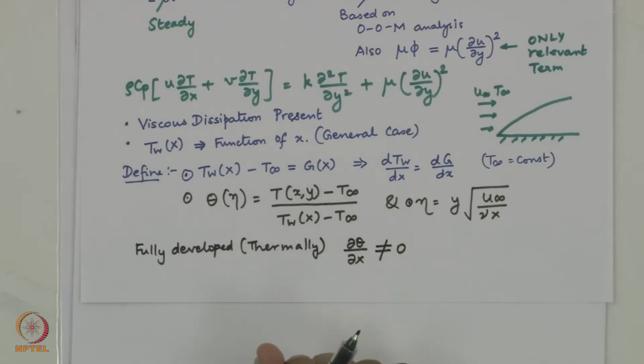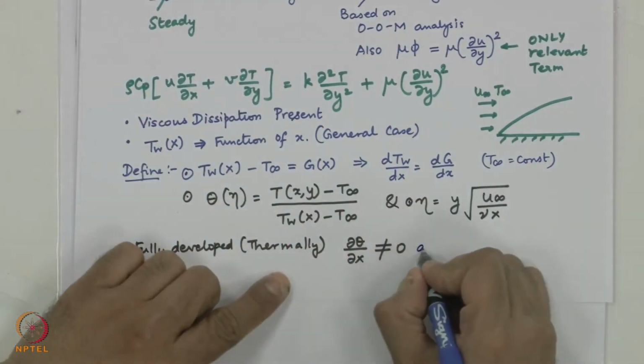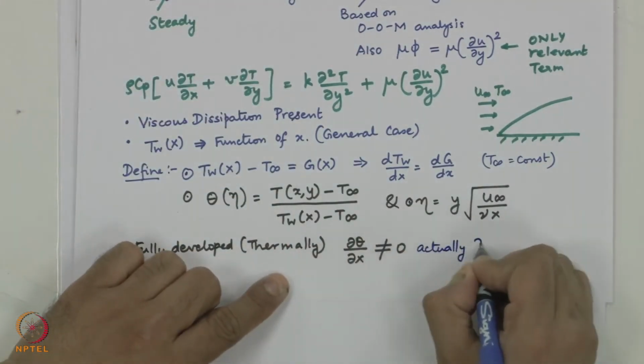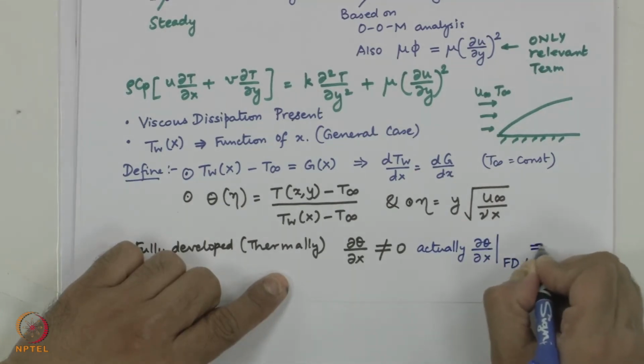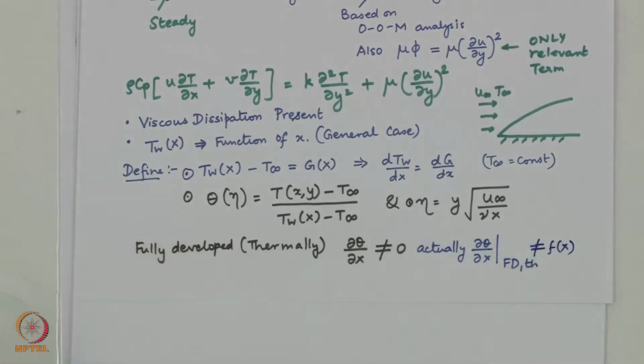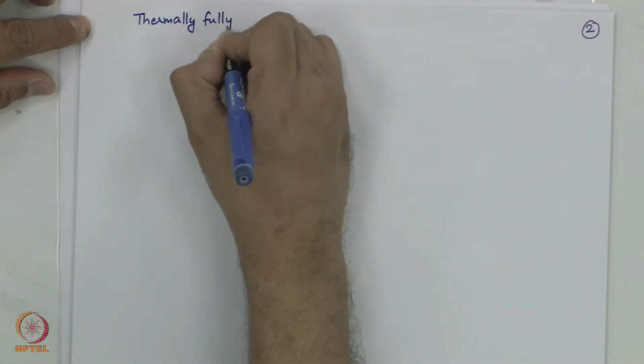Unlike the hydrodynamics part where du by dx was equal to 0, here we are going to say that thermally fully developed means d theta by dx is not a function of x. This is what has been proved to us earlier. So we will keep this in mind and let us consider the thermally fully developed case.